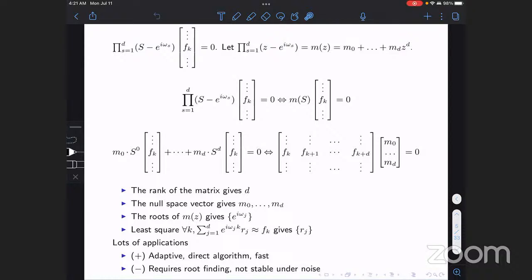It allows you to identify these frequencies. It's also quite direct, because all we need is to rearrange this vector and perform the calculation of the null space, and it's also quite fast. However, because it requires root finding, in this step, it can sometimes be quite sensitive to noise. So we have to apply it carefully.